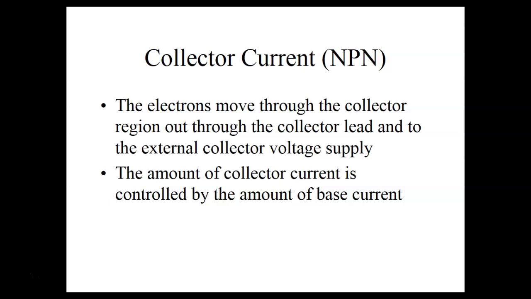The collector current is controlled by the amount of base current. So base current is like the handle on your valve, controlling the size of the opening. You get a lot of water flow, or very precise control, with very little effort on the valve handle.